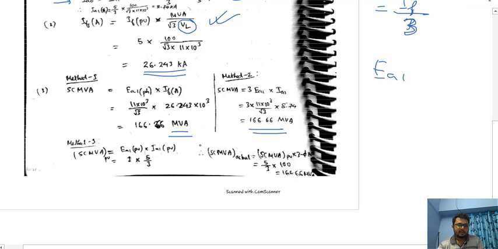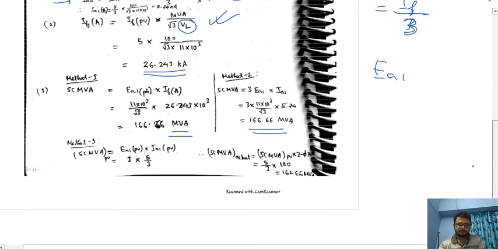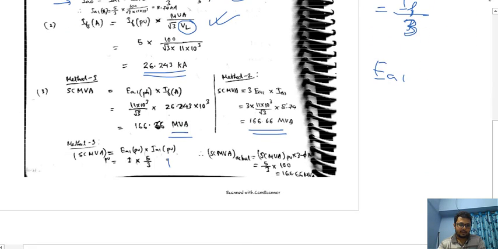Third method, EA1 per unit, IA1 per unit. As we are considering per unit, we should consider 1. EA1 is 1, and IA1 is 5 by 3. So this much per unit. But what is the actual value?